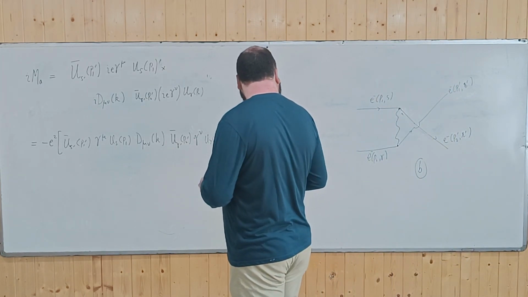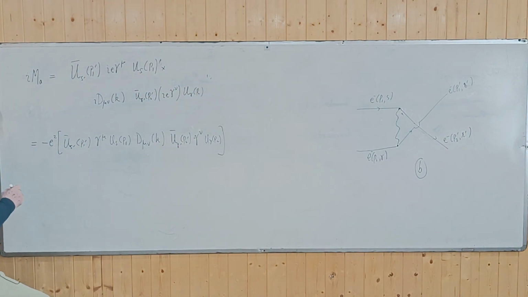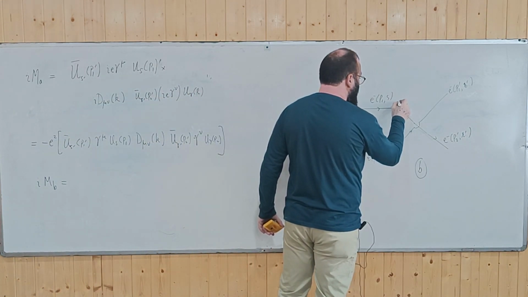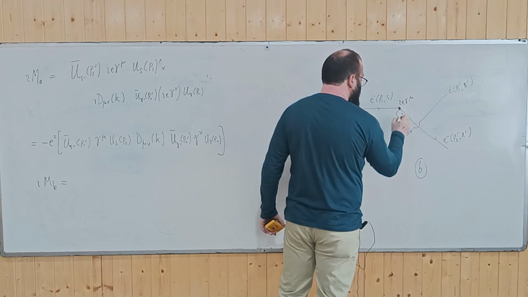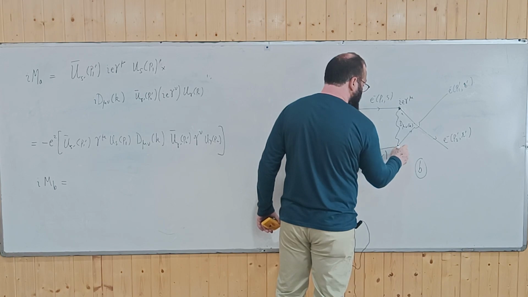Let's take the second diagram. For the second diagram, let me write it as I M B. You start with the external lines again. So these points are fixed. This is your I E gamma mu, this is your D mu nu K, and this is I E gamma nu.